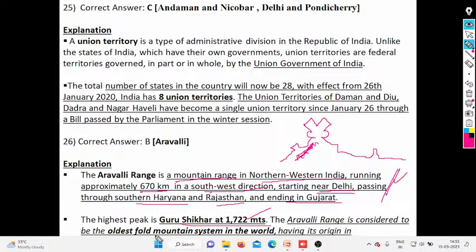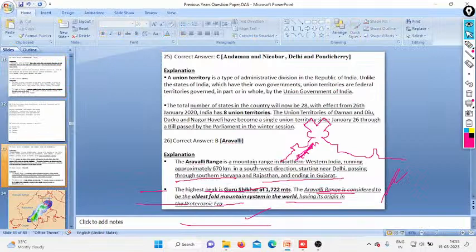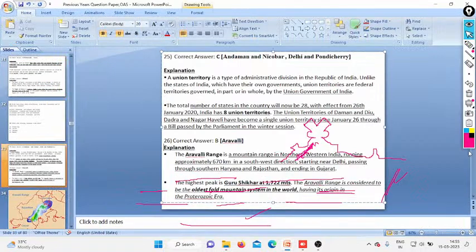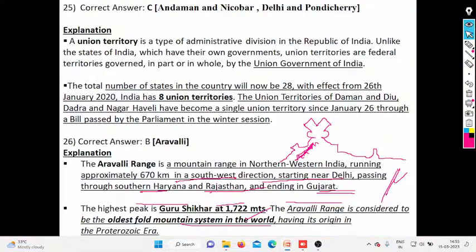The Aravalli range is considered the oldest fold mountain, having its origin in the Precambrian or Proterozoic era.